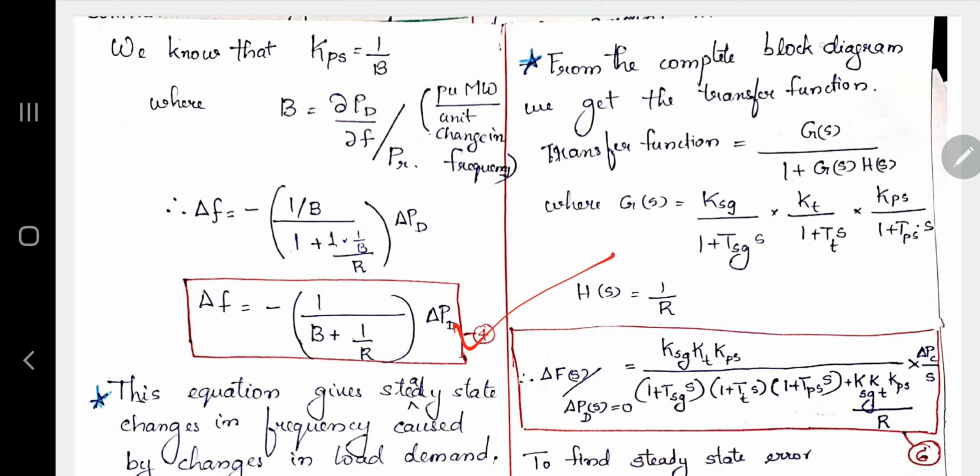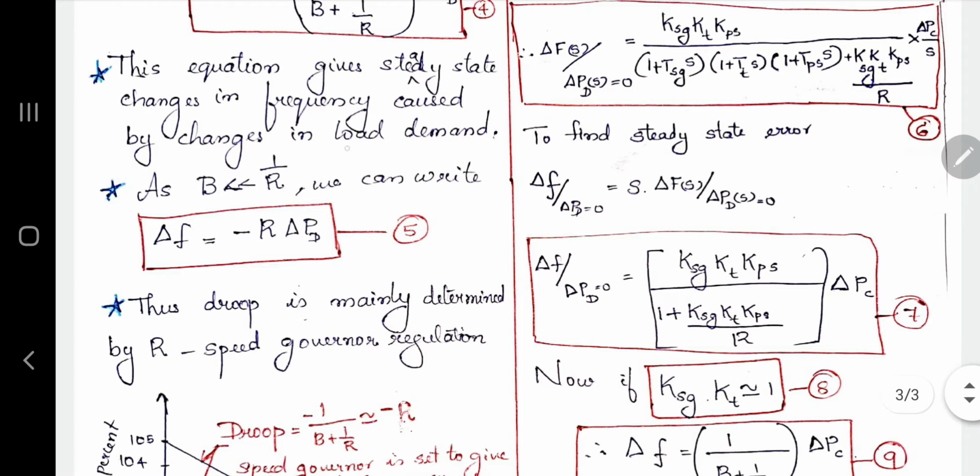There is no change in the commanded power or speed changer. Okay, and the steady state change in the frequency is caused only by the load demand and not by the commanded power.